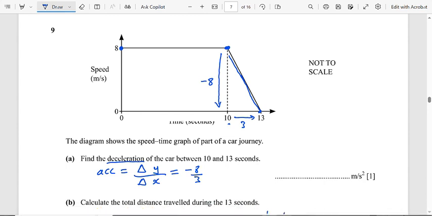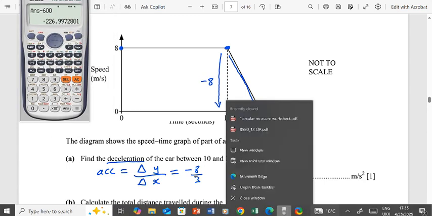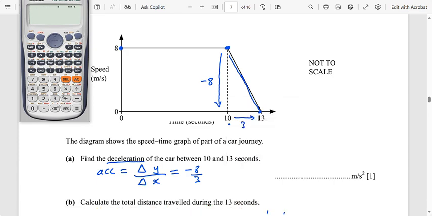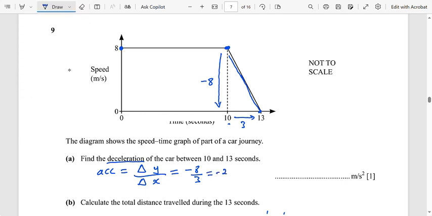Minus 8 divided by 3, that's minus 2.67, minus 2.6 recurring, or minus 2.67 meters per square second.